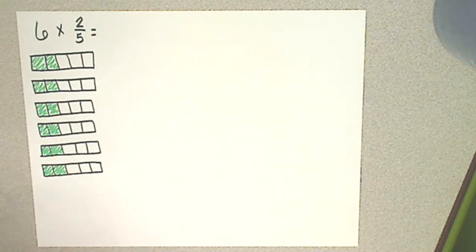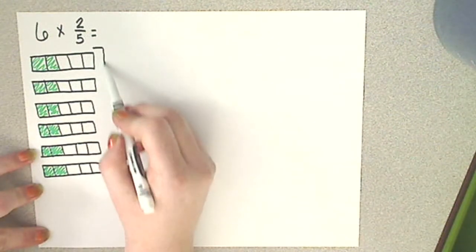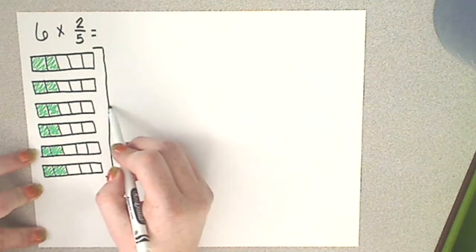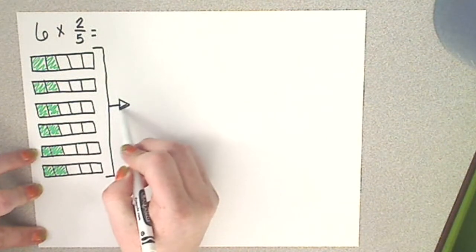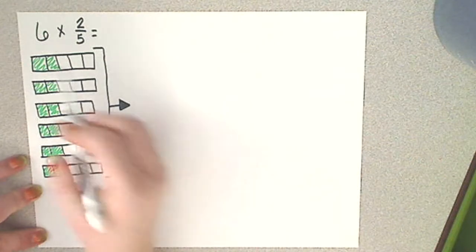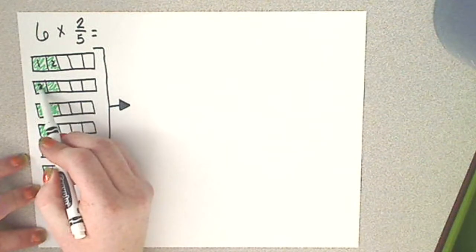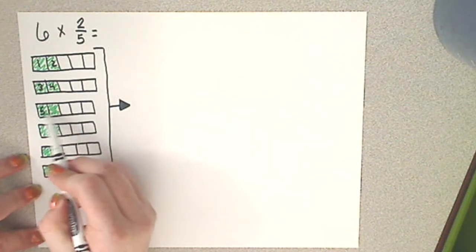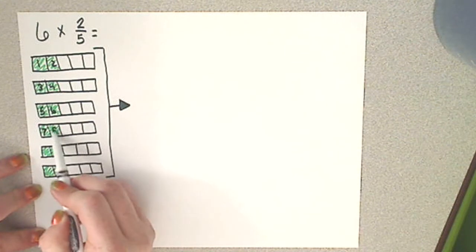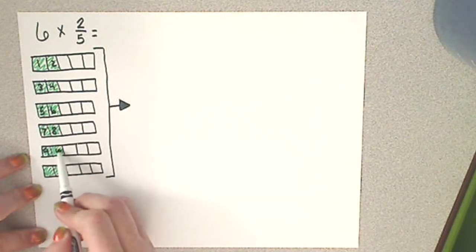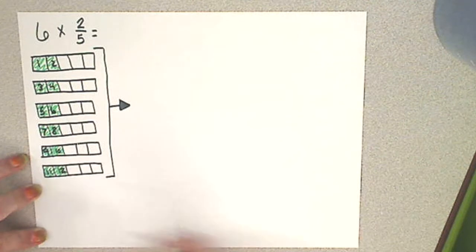Right. And now I need to combine these partial products to find the total. I have 1, 2, 3, 4, 5, 6, 7, 8, 9, 10, 11, 12.